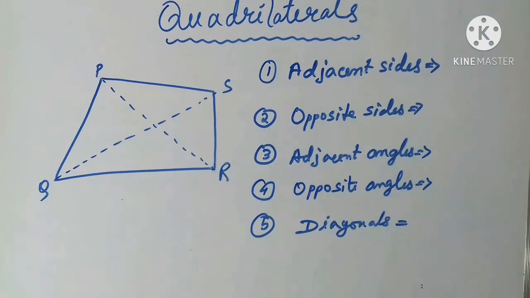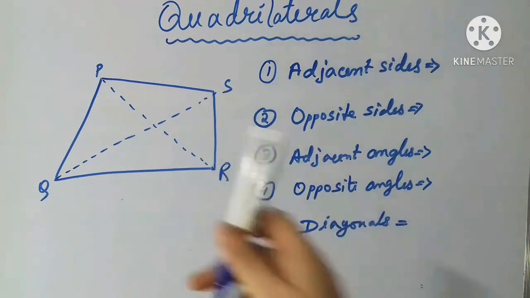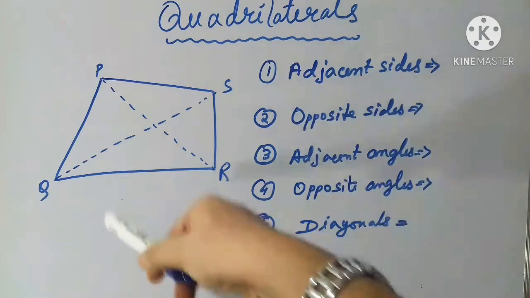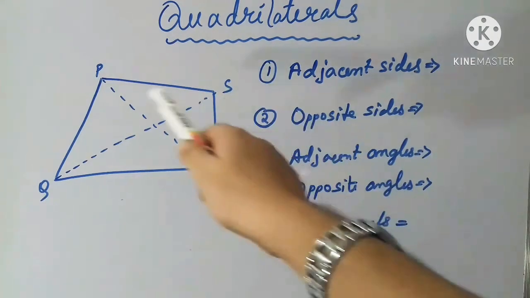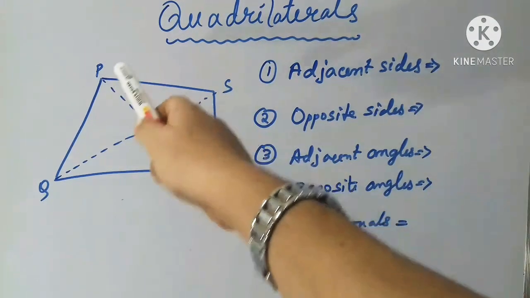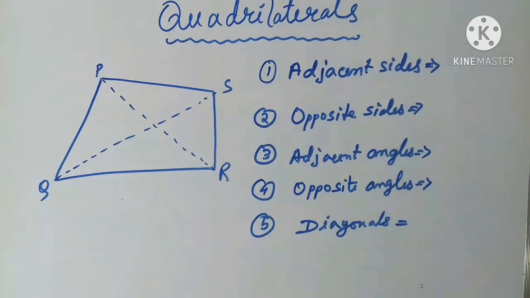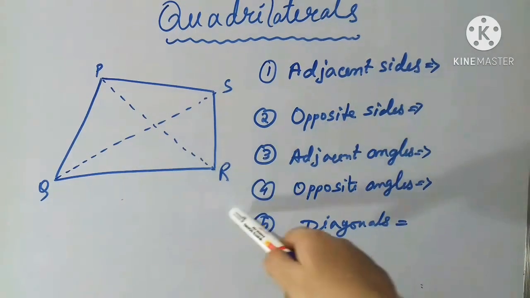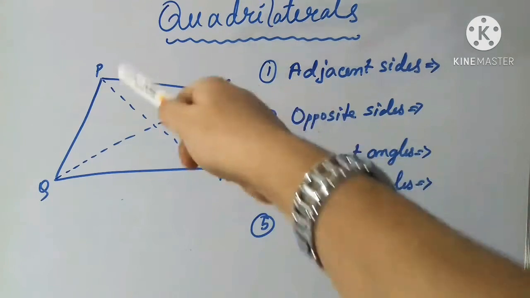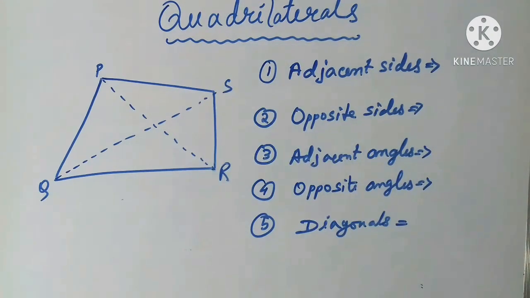You can see that it is a four-sided polygon, and I can give it the name PQRS. The quadrilateral's name is PQRS, and the four sides are PQ, QR, RS and SP.